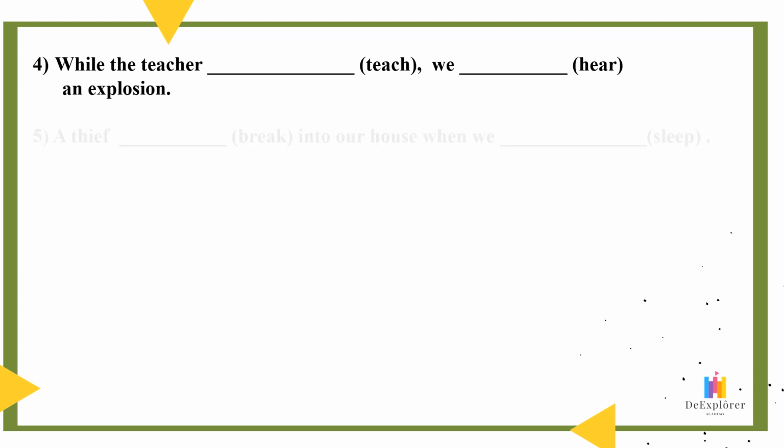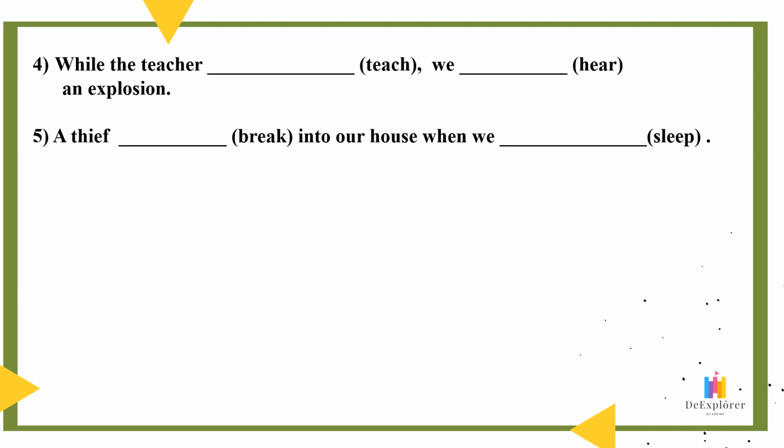Sentence number 5. A thief break into our house when we sleep. So which is the action going on? 哪一个正在？然后突然间哪一个？See? So break into 闯入我们的家。Okay, and then we 睡觉。所以是讲，当我们正在睡觉的时候，贼闯入我们的家，突然间闯入，正在睡觉。Yes or no?